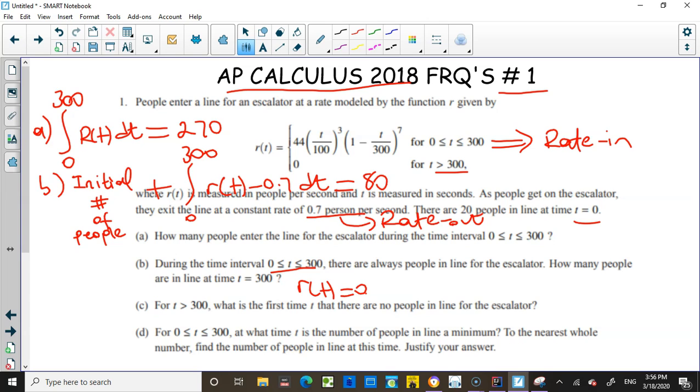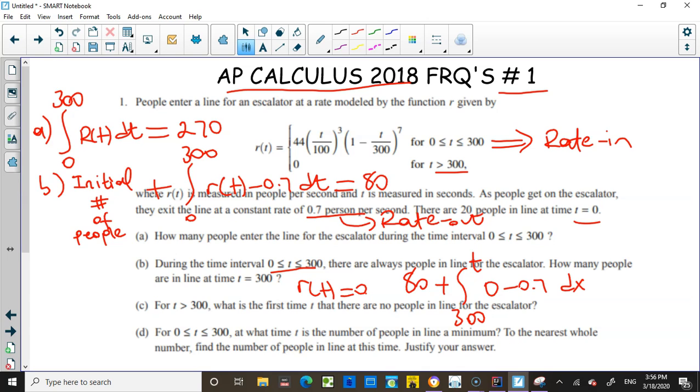To solve part C, I set up 80, because 80 is the number of people at t equals 300, plus the integral from 300 to the time we're trying to figure out of 0 minus 0.7 dx, since there's no rate in but still a rate out.